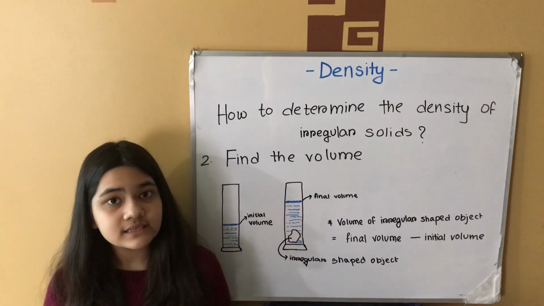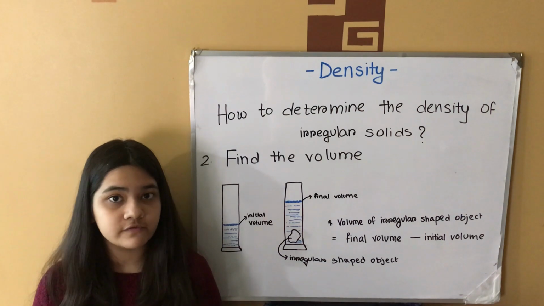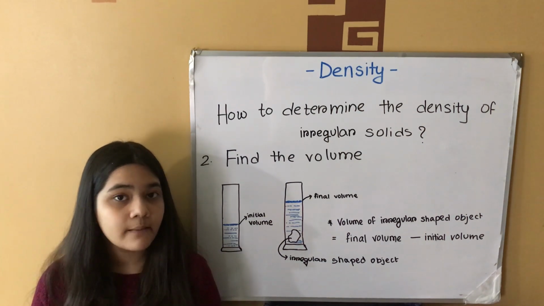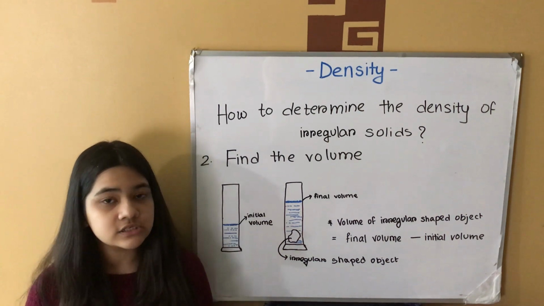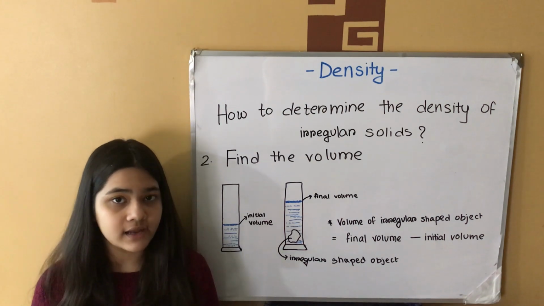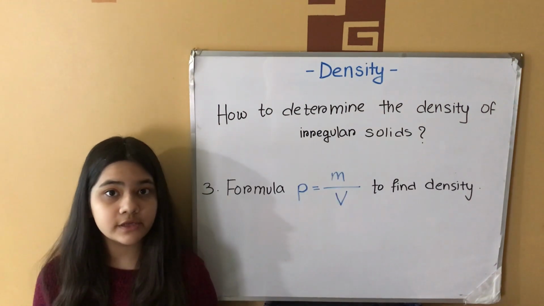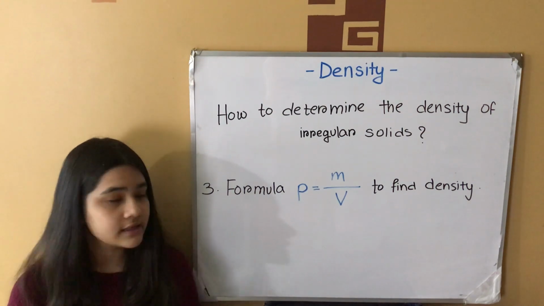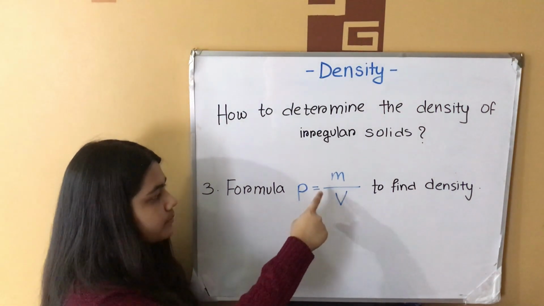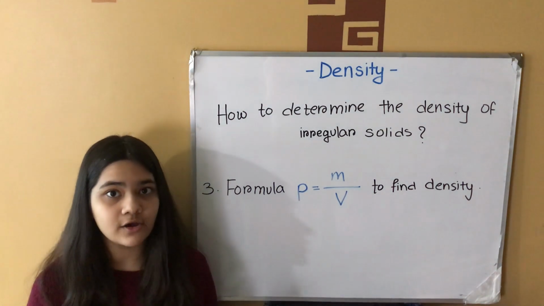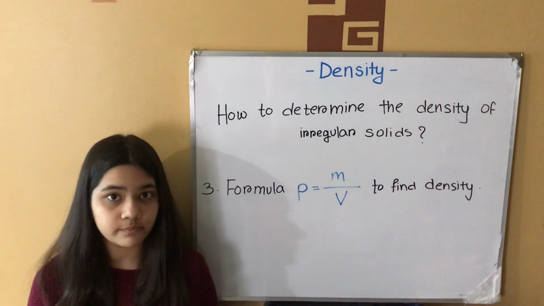And then we can easily determine the volume of the irregular shaped object by subtracting the initial volume from the final volume. Finally, we will use the value of mass and volume in the formula rho equals m by v to find the density of the irregular shaped object.